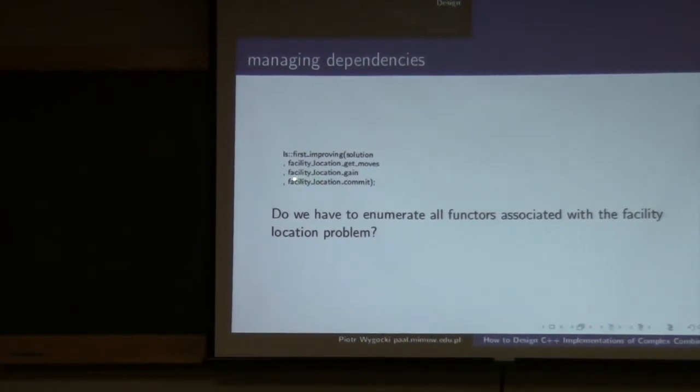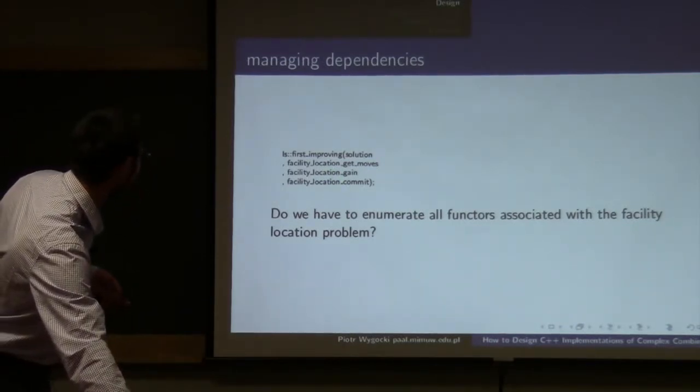So he didn't want to provide all of these functors. He just wants to say, just give me all of this facility location stuff, and that's all. So this is an argument that maybe we should somehow group these guys together.